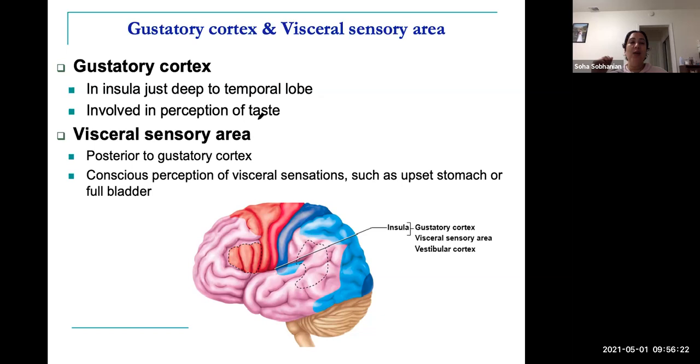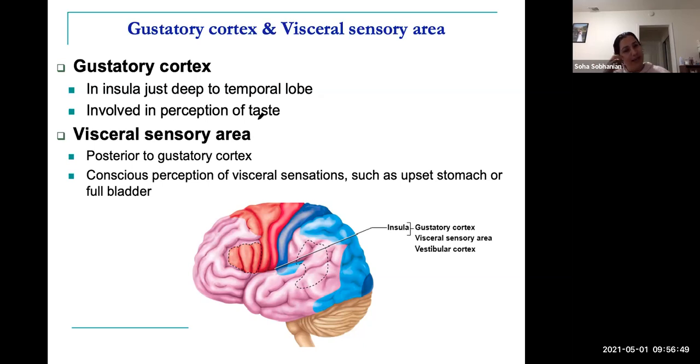And then lastly, you have your visceral sensory. Visceral, again, is senses associated with internal feelings, like the sensation of a full bladder or upset stomach, pain in your intestines, stretching, things like that. These are called visceral senses, and that's also controlled by your insula.